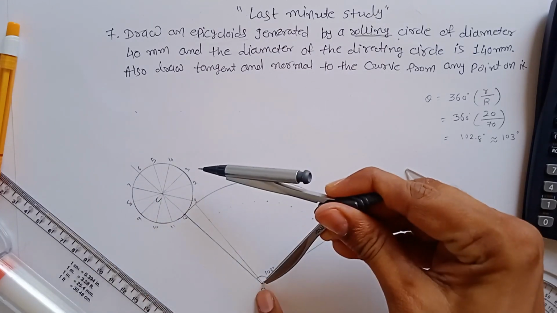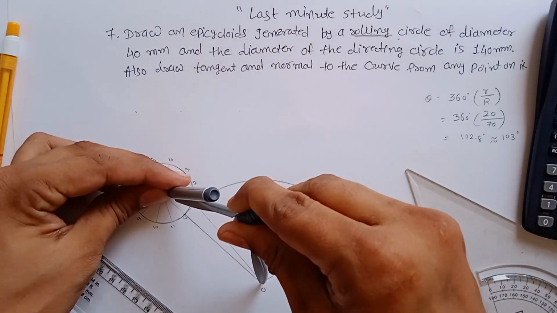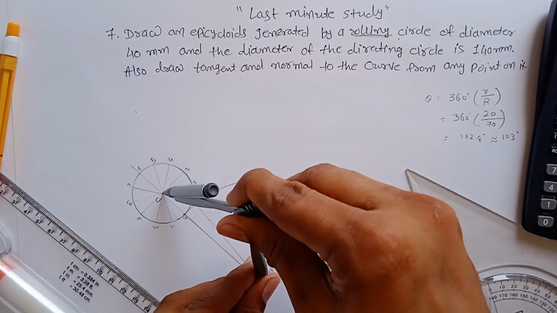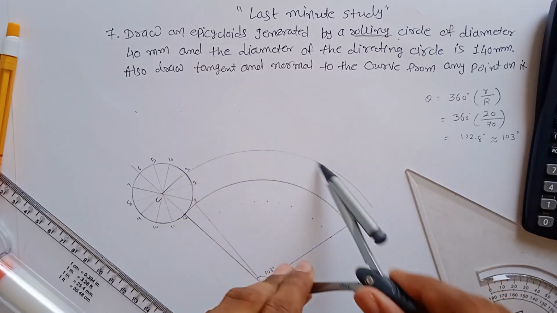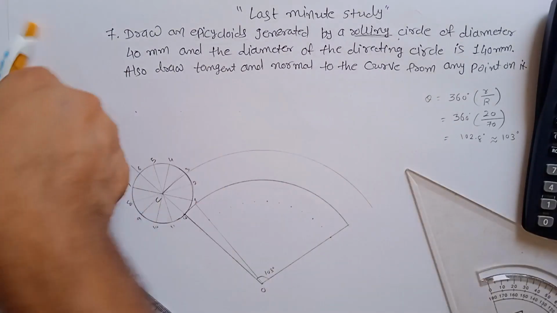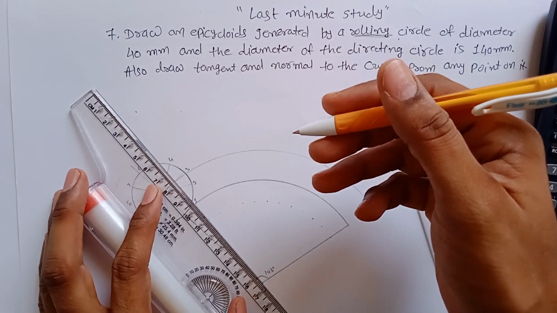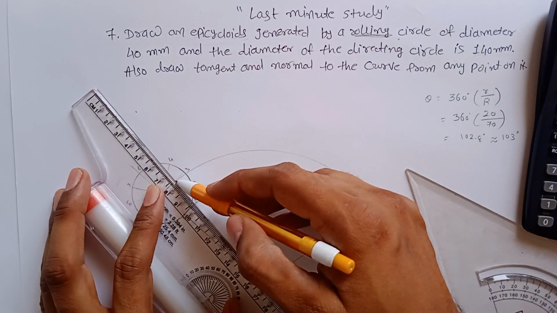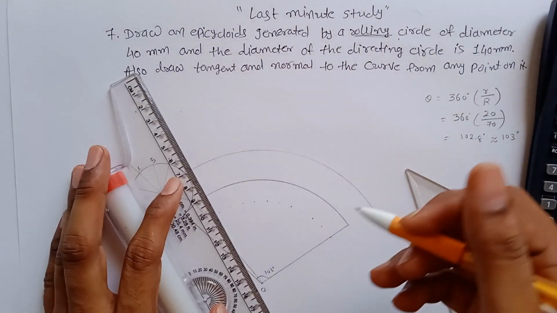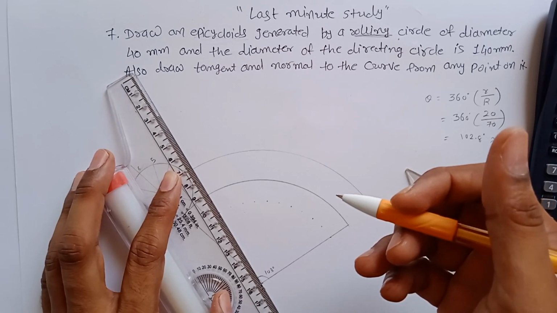With O as a center and OC as a radius, make an arc like this, and extend this line up to that. No need to do it a second time. So this is my C1. Then draw C2.